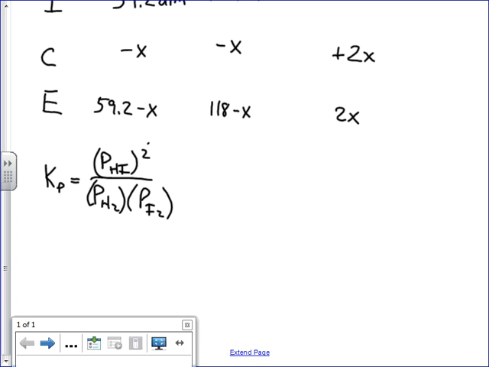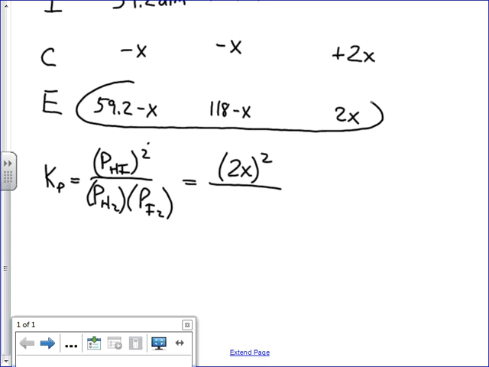And then we just plug this stuff in, okay? I'll just do this one step at a time. So 2x squared, right? I'm using my equilibrium values here. That's what you have to plug into your equilibrium expression, okay?